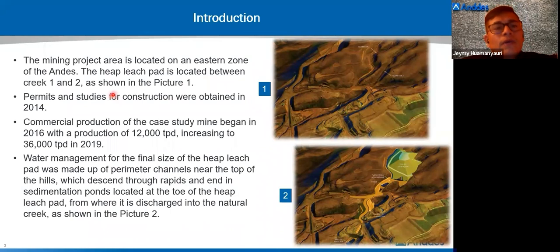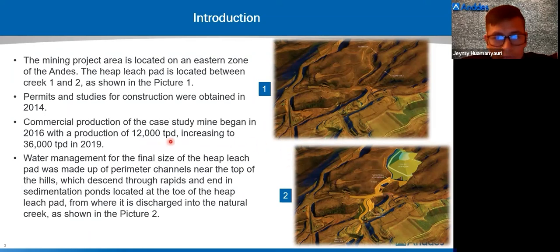It is located in the eastern Andes. It is a typical heap leach pad located in between creeks, in this case creek 1 and creek 2. You can see in this picture the final conformation or final phase.